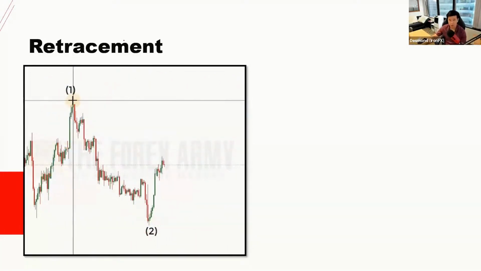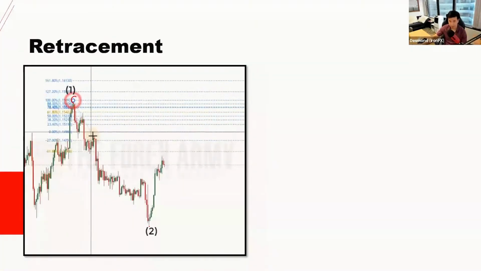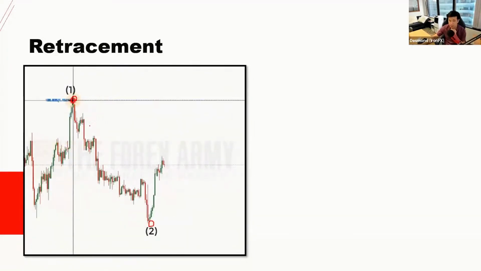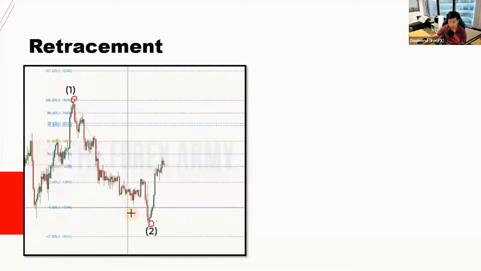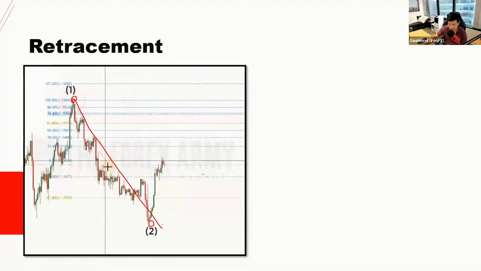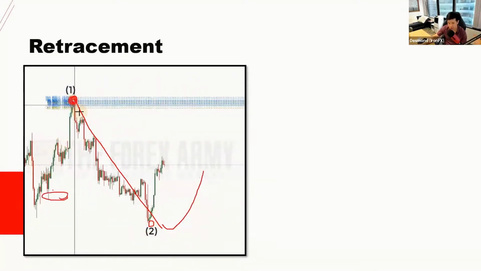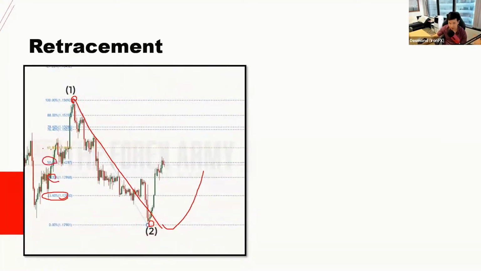Okay, so for example, Fibonacci retracement: you pick one point and you pick a second point. When you pick 2 points, you have your starting point and your ending point. You are trying to see how far price will then retrace upwards. So you tend to have a few traditional levels: 23%, 38%, 50%, 61%.